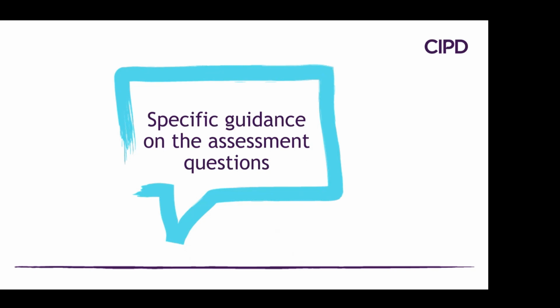Okay, so those are the general points and the general guidance that I would like to give you. What we now need to do is look at each of those 17 questions. Again, we are hoping that you will be able to plan answers to all of them and be confident about answering all of them. That is the way that you demonstrate that you are meeting all the learning outcomes, all the assessment criteria.